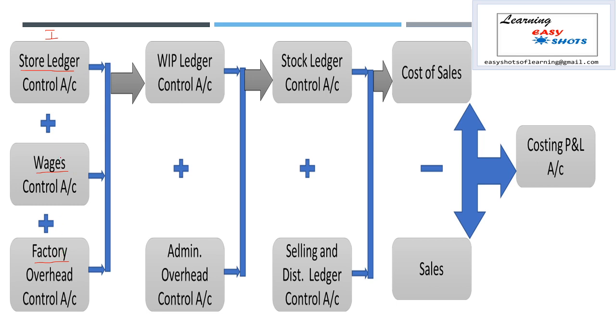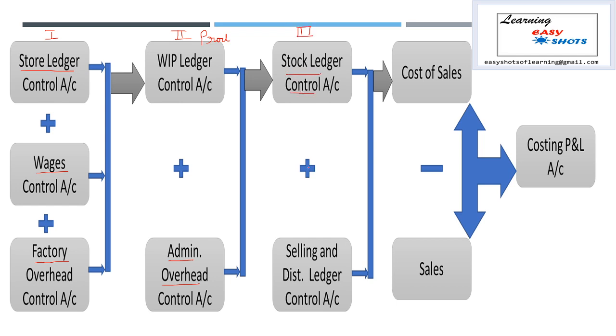These three expenses are added in the first step, and the balances of these expenses are transferred to WIP ledger control account or the production department. Now in the production department we add another expense, which is office overhead control account, and these two accounts' balances are transferred to the third step, that is the finished stock ledger control account.